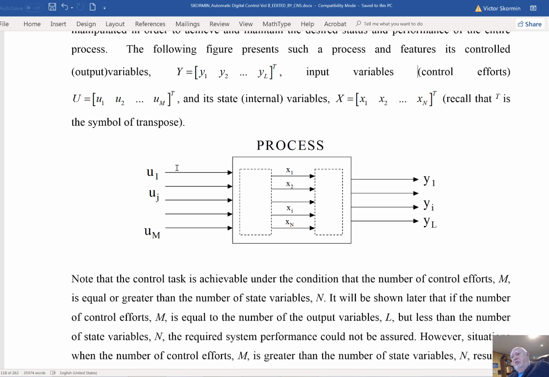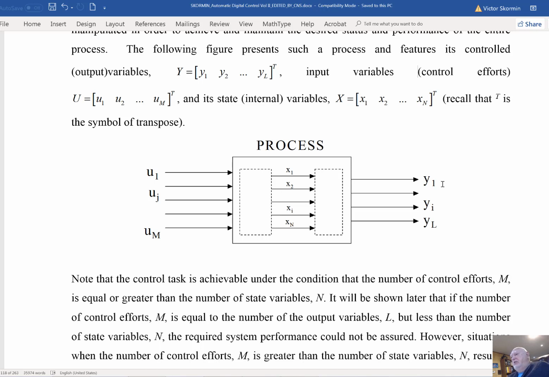It could be also the situation when the number of inputs or number of control efforts is less than the number of controlled variables. In this case, the control problem cannot be solved. And this is also a topic that we will avoid.